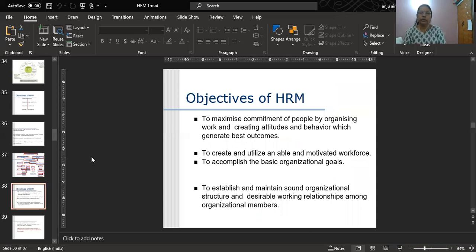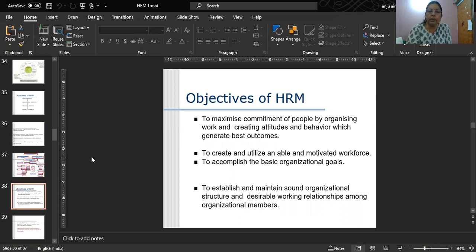So, the main objective of HR is to get maximum output from their people with minimum input, with minimum investment. So, they will recruit and select a minimum number of employees and get maximum output from them, make sure they are committed to their work and have a favorable attitude and behavior towards their work by compensating them well and giving them all the benefits which are due to them.